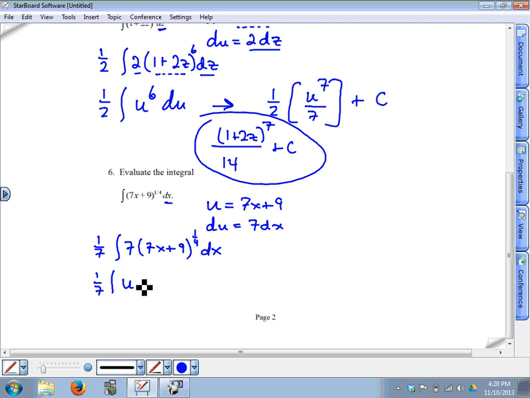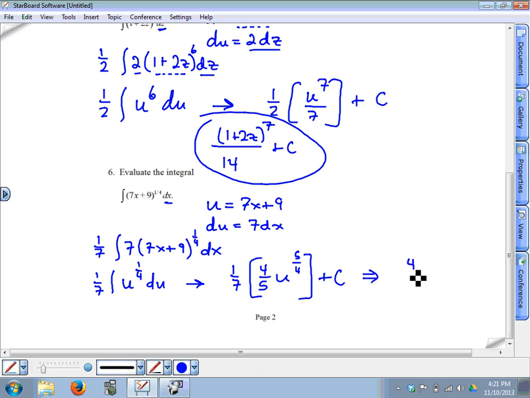Now we can make the substitutions. This is going to be u to the 1/4 du. This turns into 1/7 times 4/5 u to the 5/4. Okay, now I'm substituting here.